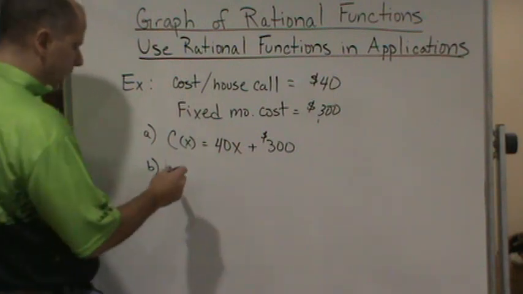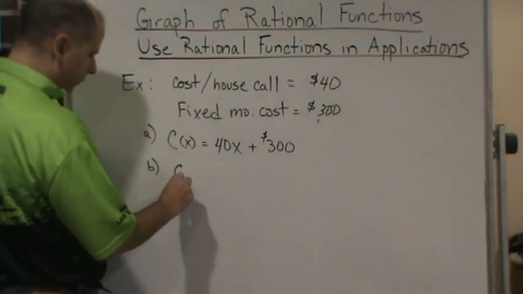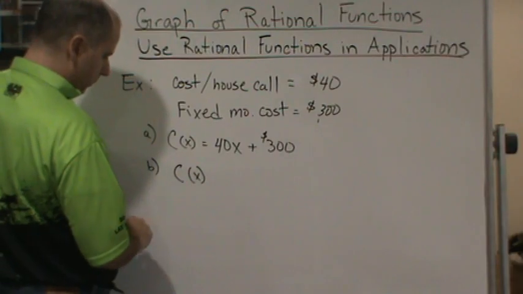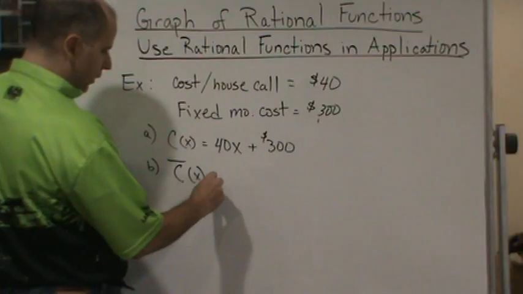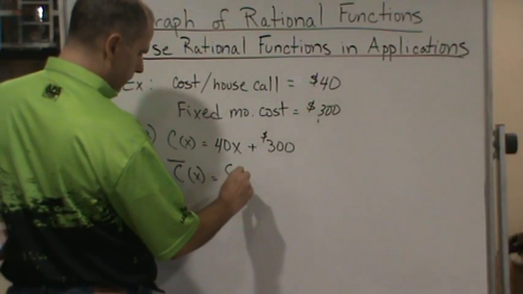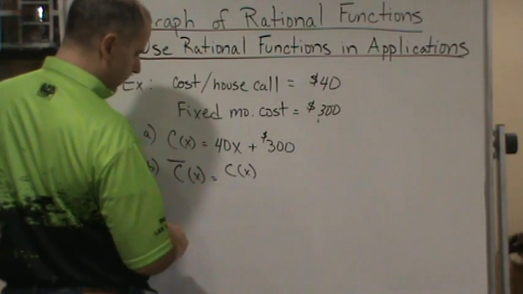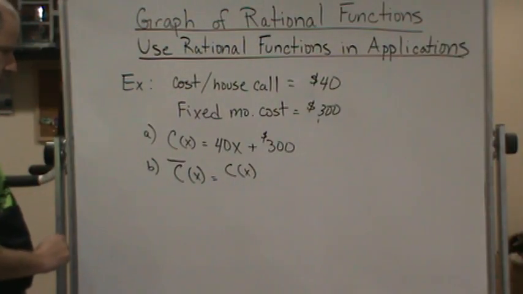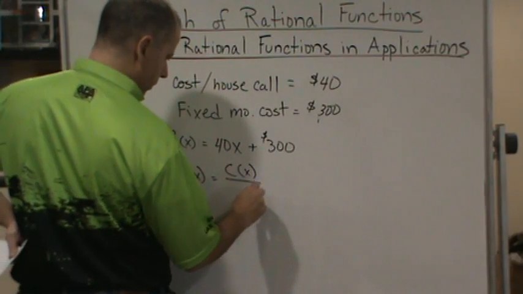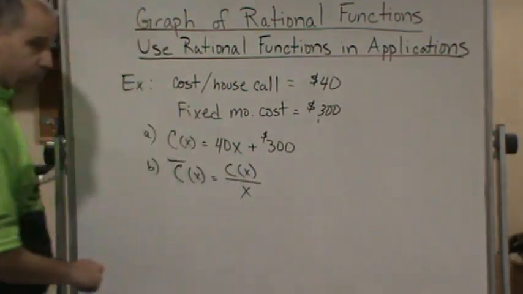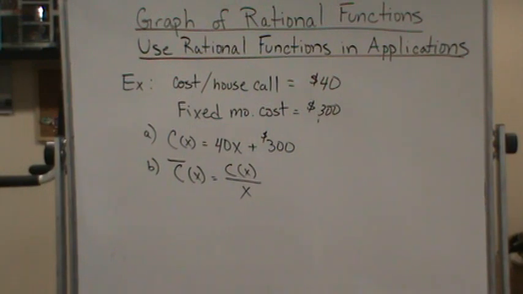Okay, now if I want to get an average, how do I get the average? Well, that's going to be the cost function divided by the number of house calls per month.